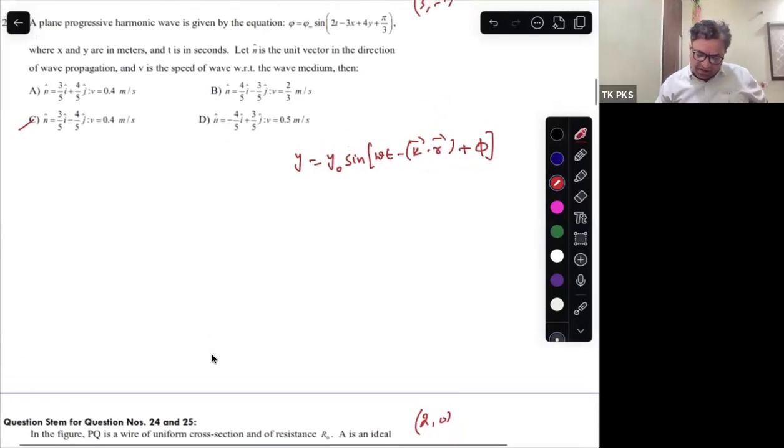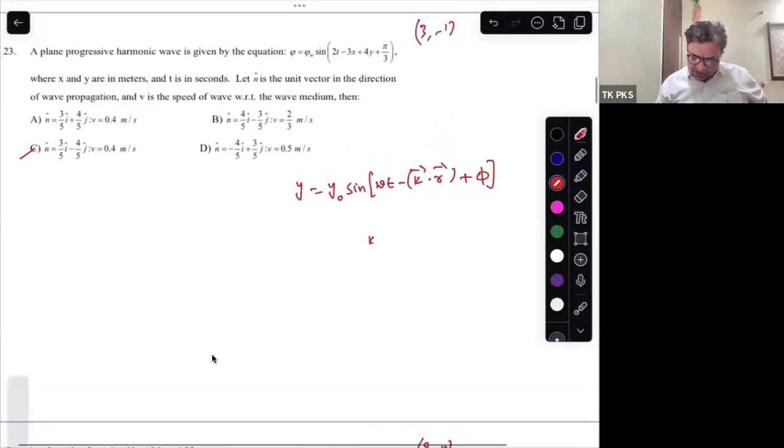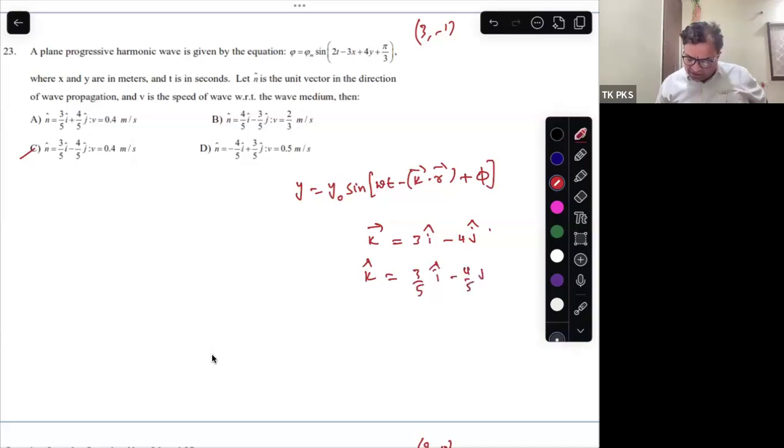So in the place of k bar, you have 3i cap minus 4j cap. A unit vector in that direction is 3 by 5 i cap minus 4 by 5 j cap. So therefore, from this 3 by 5, 4 by 5, only you have in this. Correct. But let me just check whether my v is correct or not.